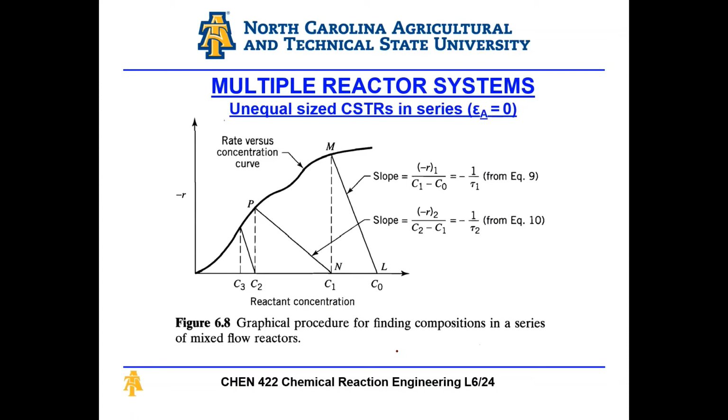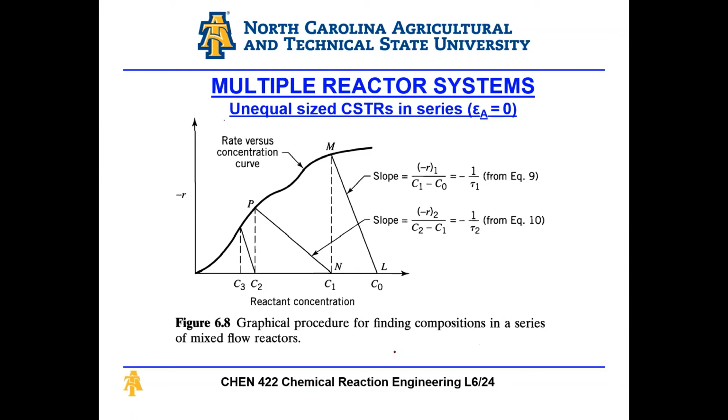However, usually there are charts to do this. There's software, there are models which can do this for you. However, Levenspiel is an old book, and if you go work with people who work with reactors in industry, a lot of times you'll find older engineers who like to use these types of charts for their systems.